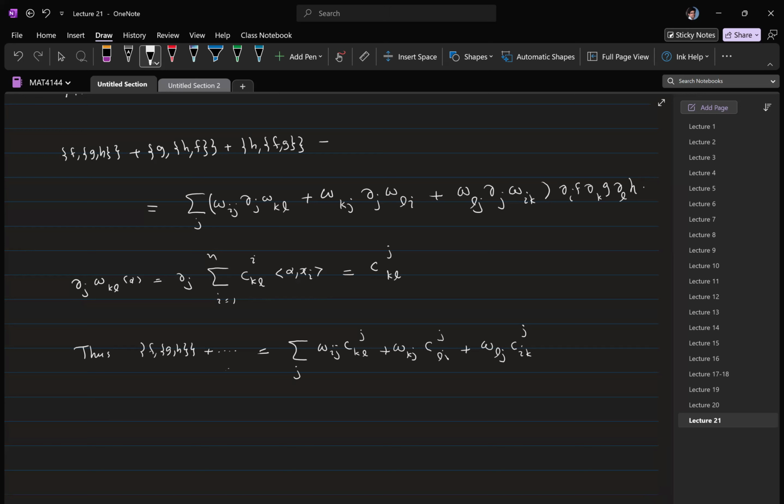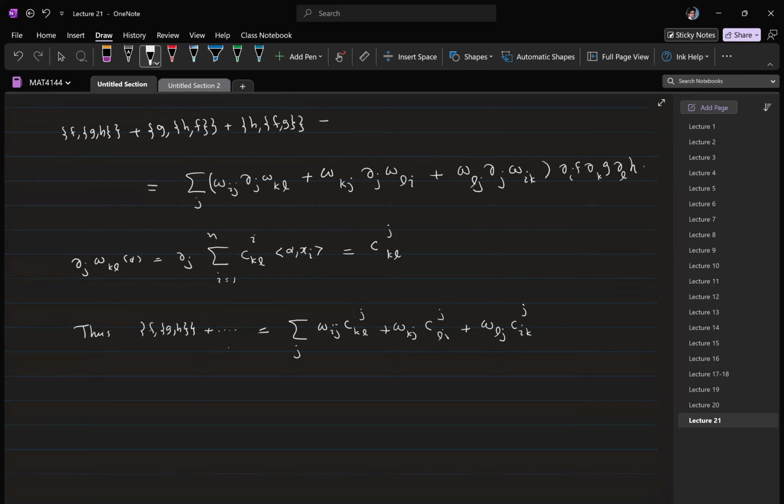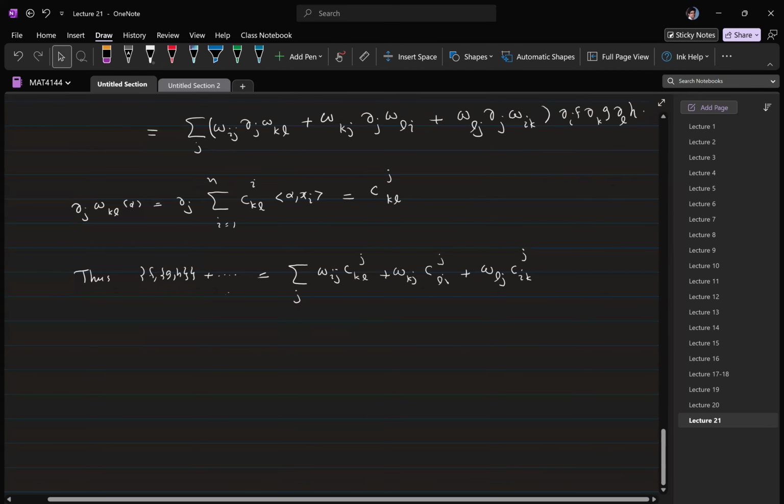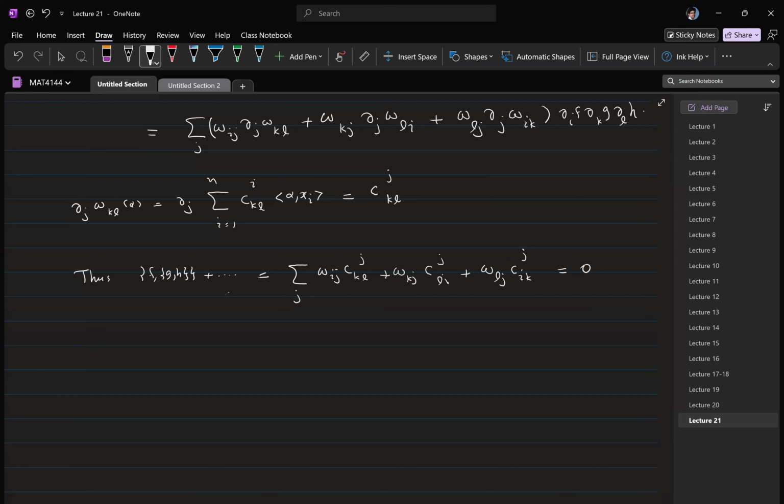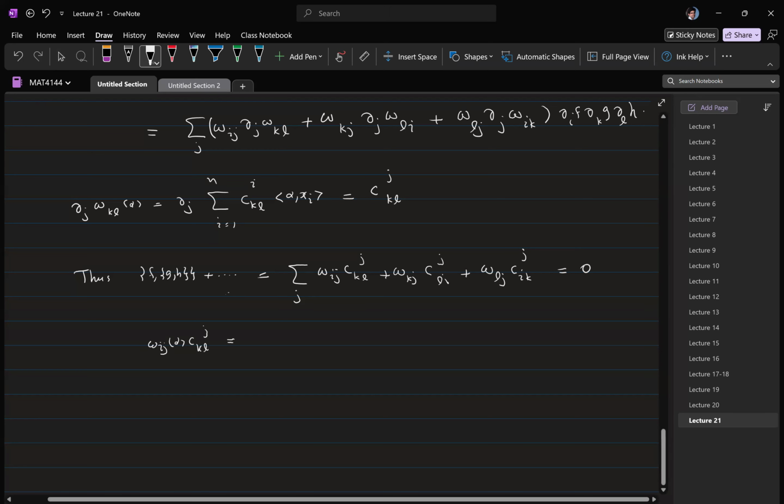So why is it the Jacobi for the Lie algebra? What are the coefficients? What is this Wij alpha CKLJ?